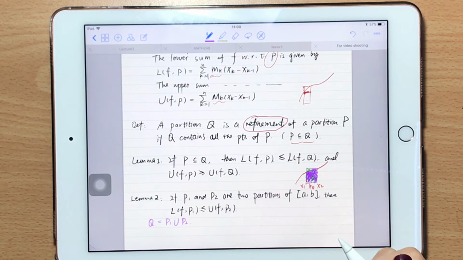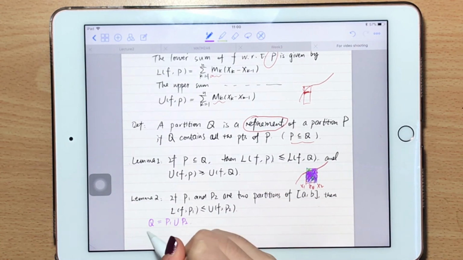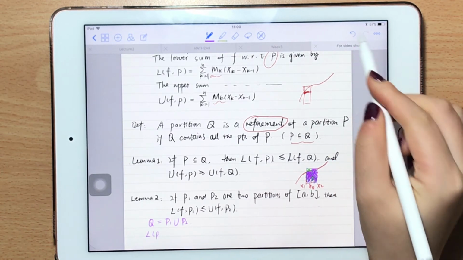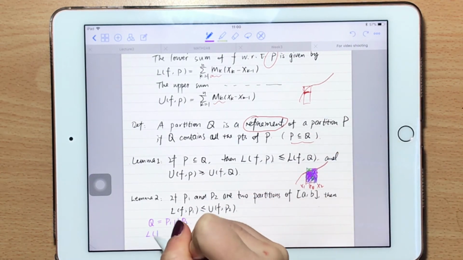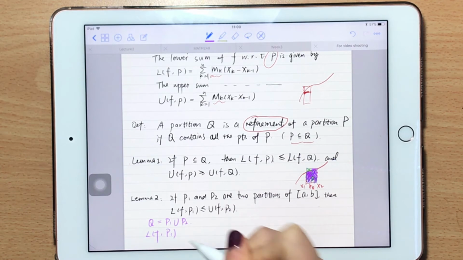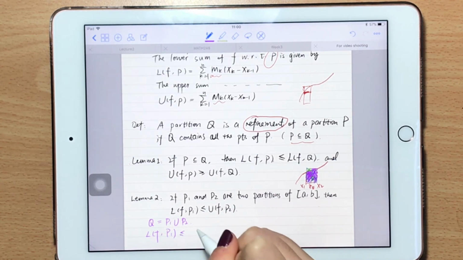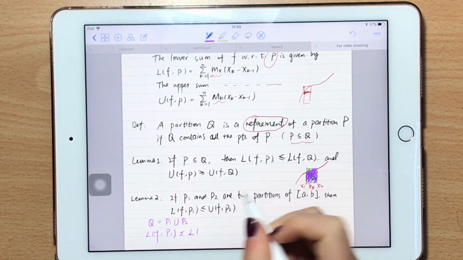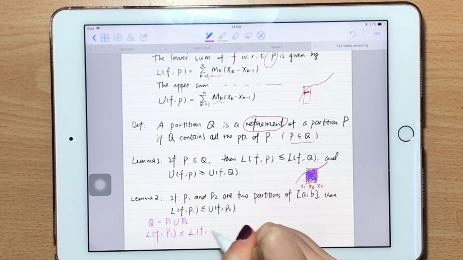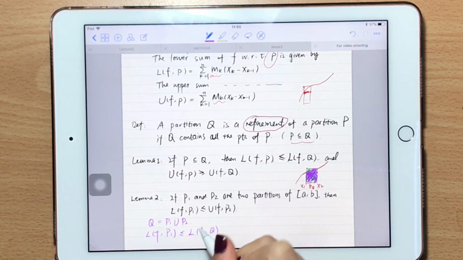right? And now using lemma 1, you will have the lower sum of f with respect to P1 smaller than or equal to the lower sum of f with respect to Q, right? Because Q is a refinement of P1, and also of P2.